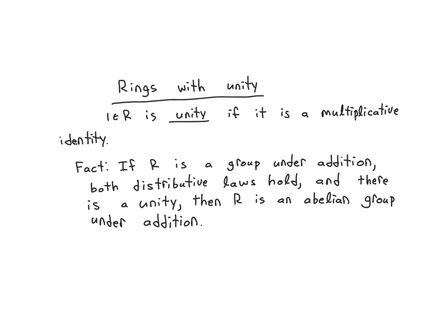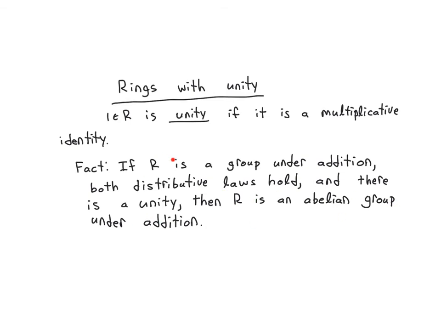Another condition a ring might have is it might have something called a unity. A unity is known as a multiplicative identity. So an identity with respect to the multiplication instead of the addition. And it's almost always denoted as 1. And so another fact you can use is if R is a group under addition, and you have both distributive laws, and there's a unity, then R is actually an abelian group under addition.